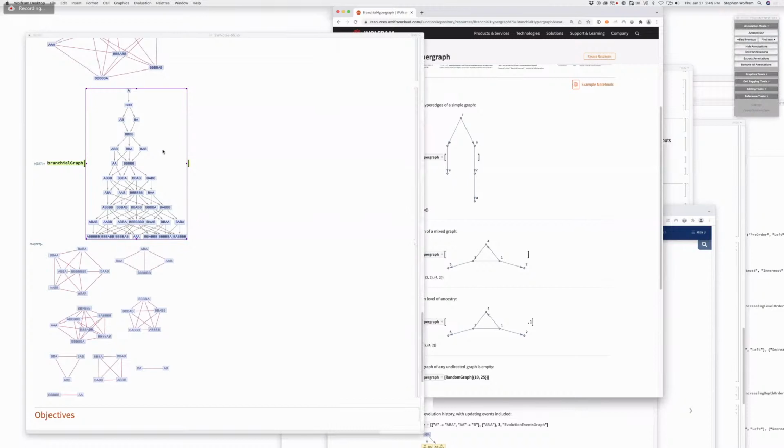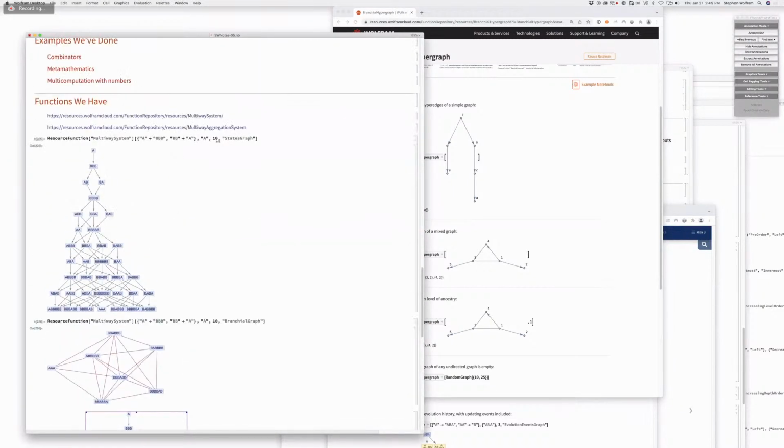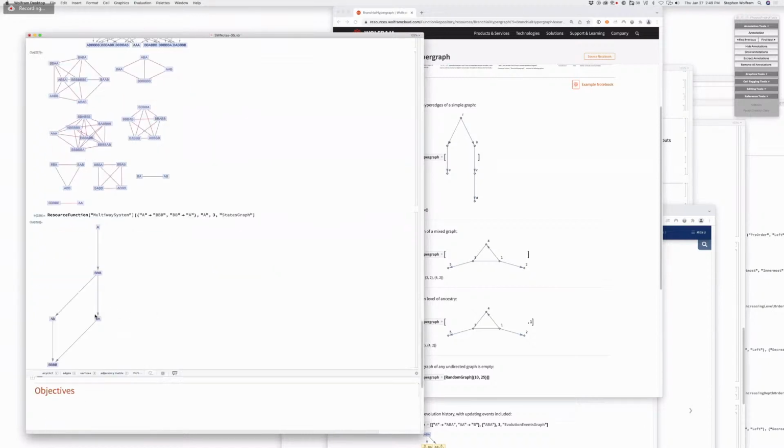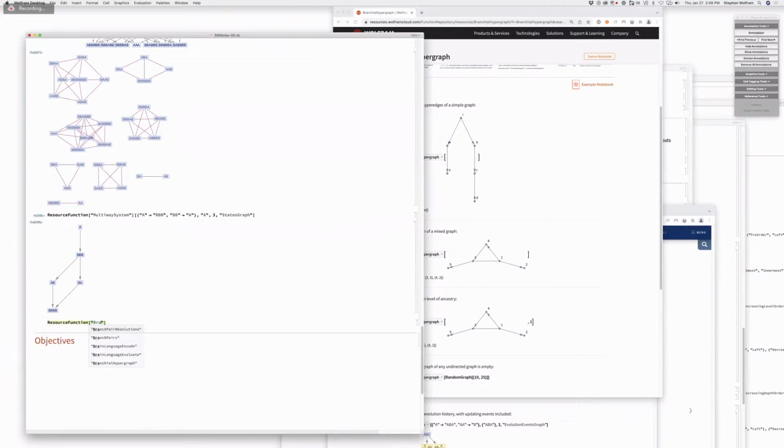Are we able to do that? If I just did this thing for a few steps, let me just make one of these. Okay, so now if I say branchial hypergraph of this, what does that mean? Maybe I should run another couple of steps.